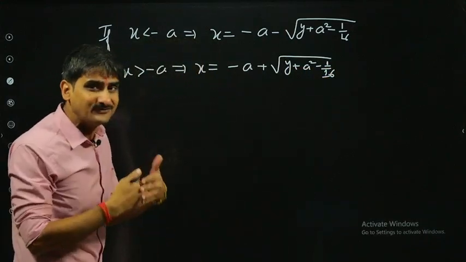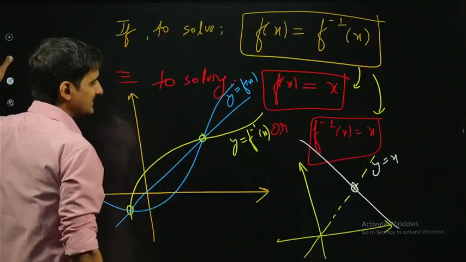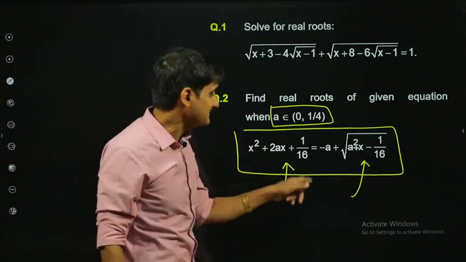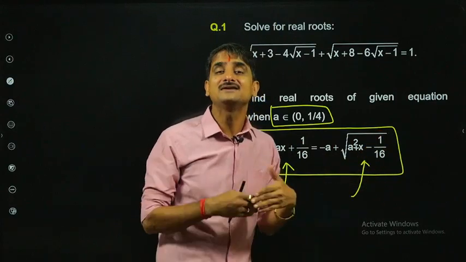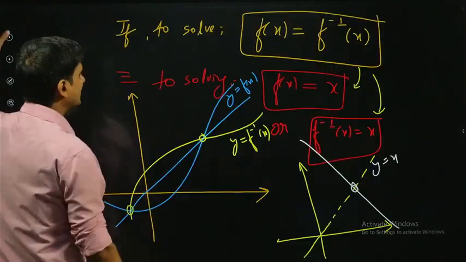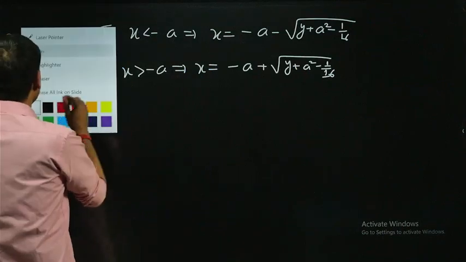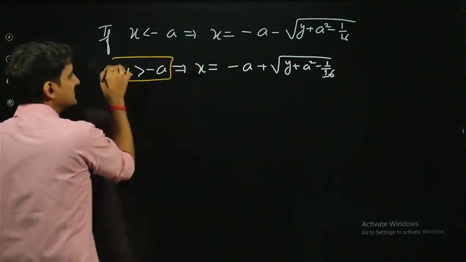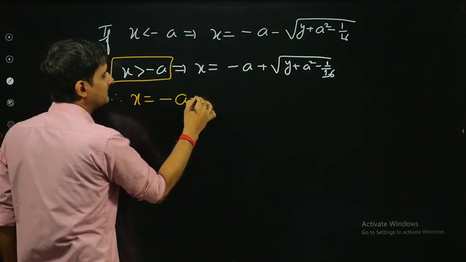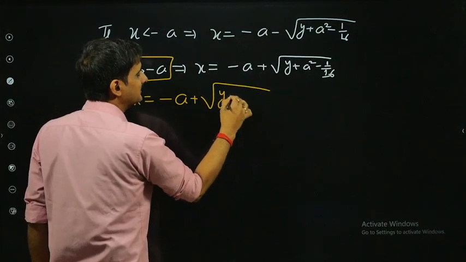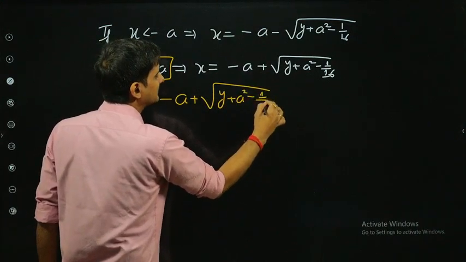Now which one do we have? Let's go back to the question. Minus a plus, so that means we are here. So that's the condition which we need. Therefore x is minus a plus under root of y plus a square minus 1 by 16.